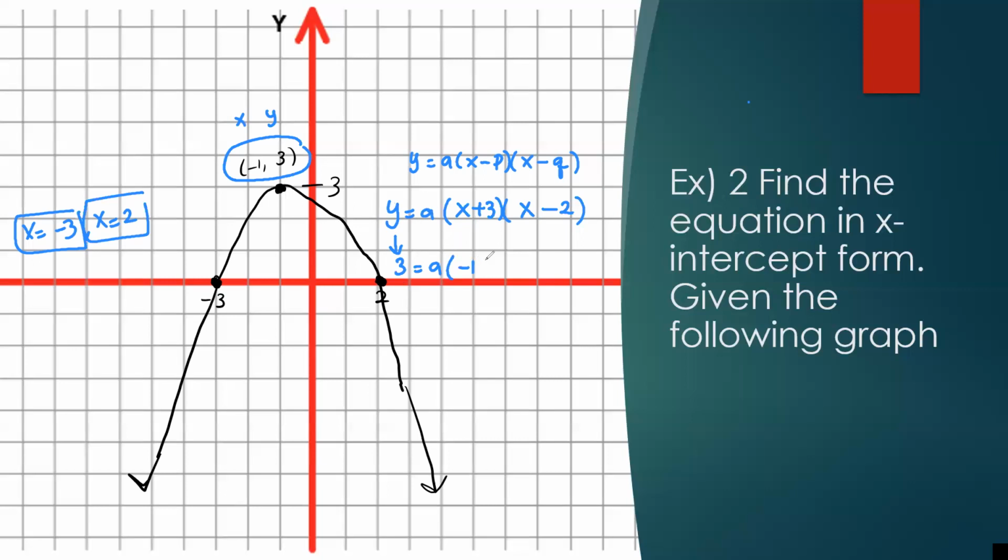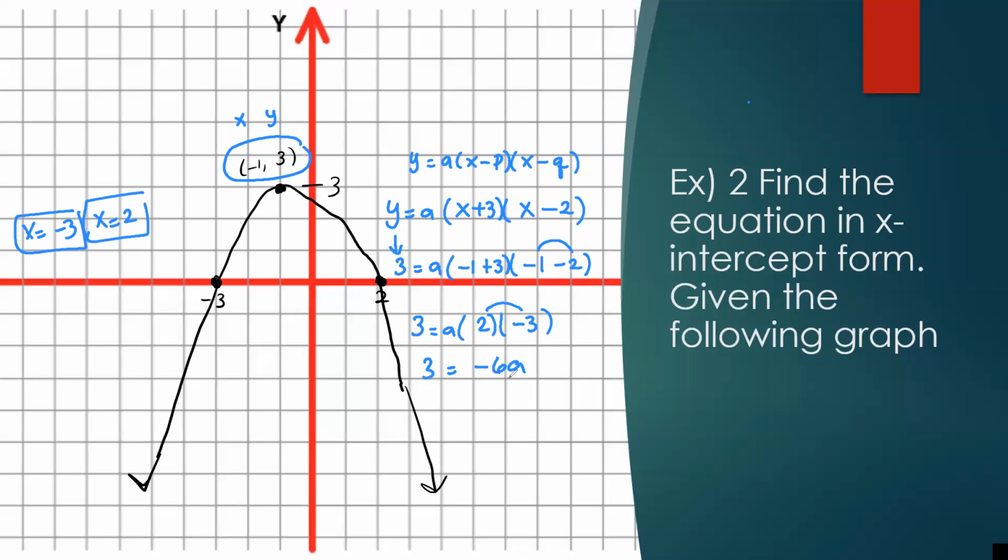So -1 plus 3, -1 minus 2. 3 minus 1 is 2. -1 minus 2 is -3. 2 times -3 is -6, and then you still have that a, and then you have this 3.